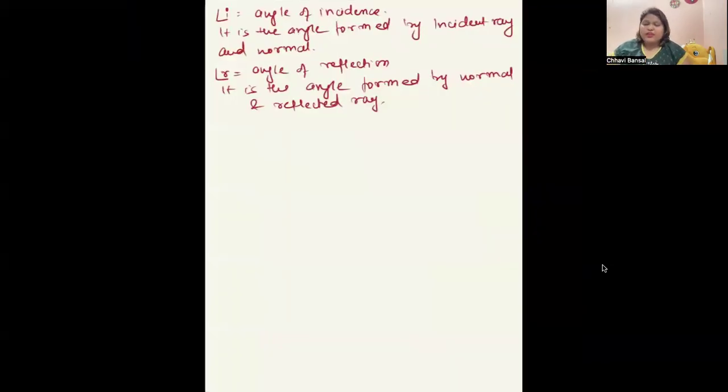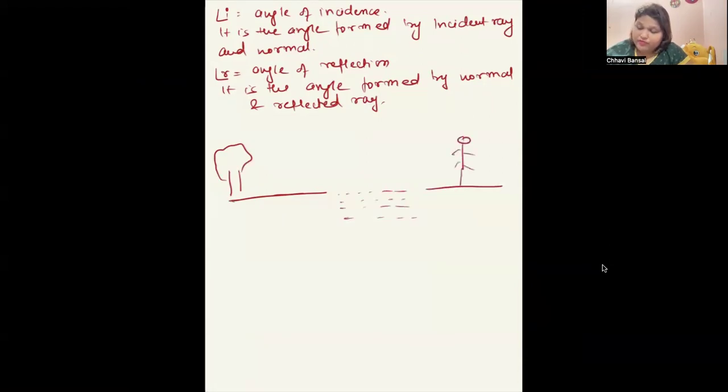Now, what do I mean by reflected light helps in seeing the object? There is a very common example. For example, there is a tree here and then land, and there is some water here, and then you are standing. Now, what happens? You can see the tree directly, but you can see the reflection of the tree also in the water. Why?